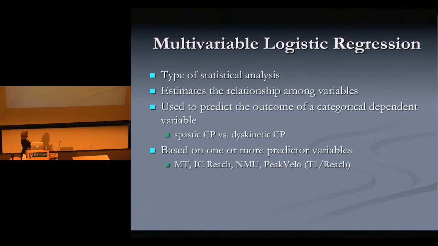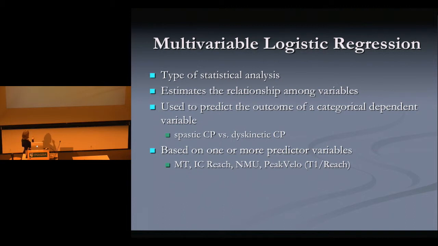So this is a type of statistical analysis which estimates the relationship among variables. It's used to predict the outcome of a categorical dependent variable, which was spastic versus dyskinetic CP, based on one or more predictor variables.